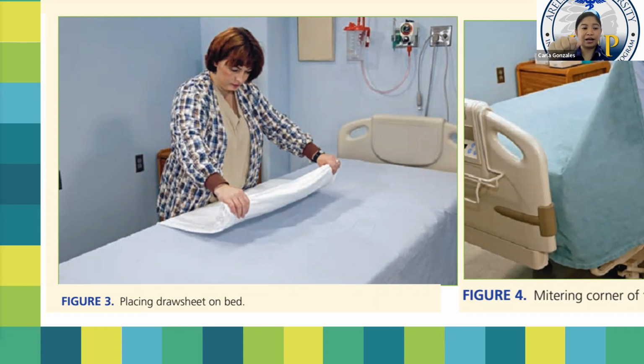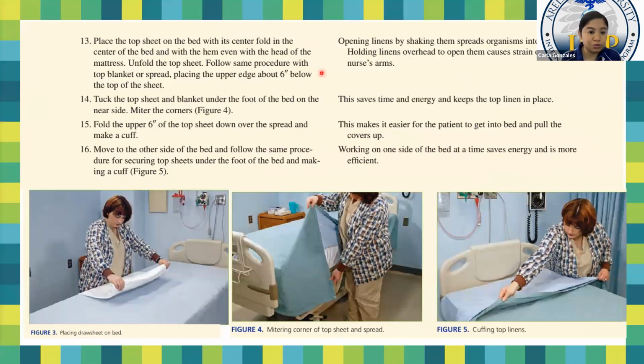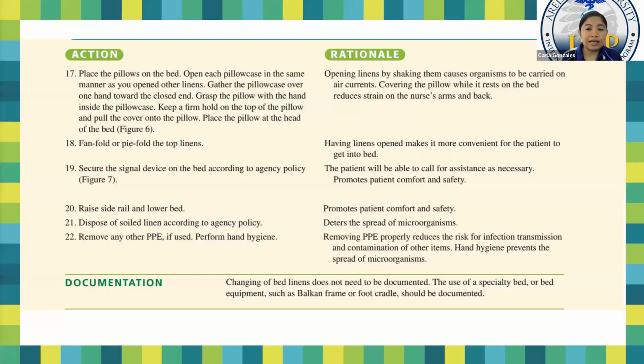So yung draw sheet lang, ipupull, and then it will have the patient move to the desired position. So mitering and then cuffing. And then last procedure here would be yung placing of the pillowcases.